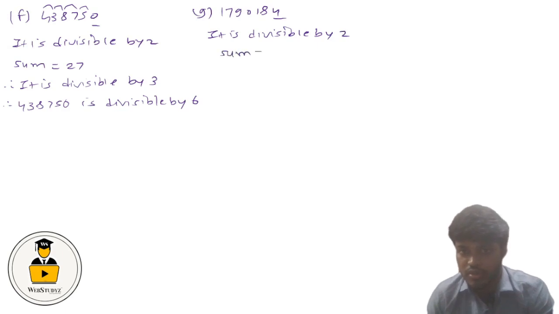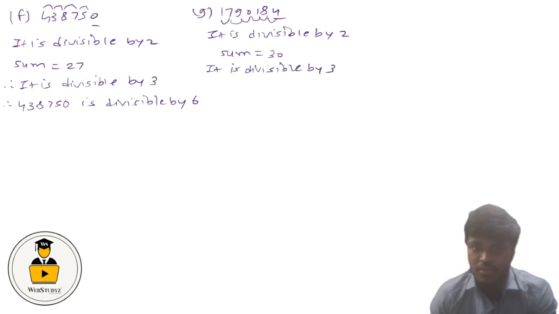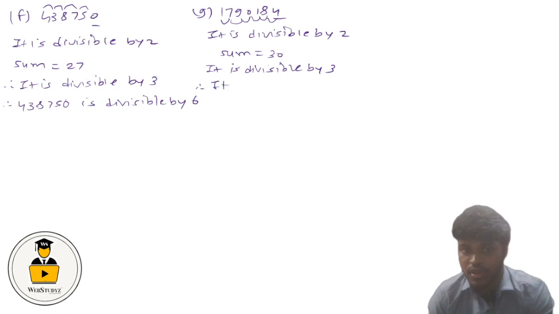And let us find the sum of digits. 1 plus 7 is 8, 8 plus 9 is 17, 17 plus 0 is 17, 17 plus 1 is 18, 18 plus 8 gives us 26, and 26 plus 4 is 30. And we know that 30 is divisible by 3, so the number is also divisible by 3. And since it is divisible by 2 and 3, we can say that it is divisible by 6 also.